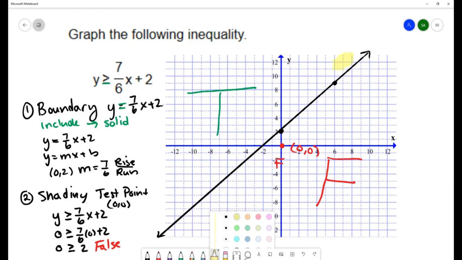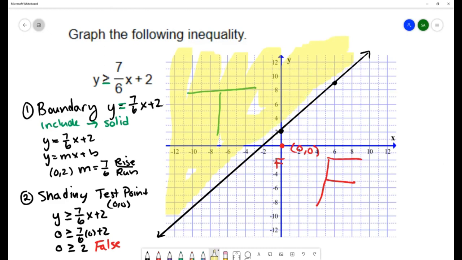We're going to shade, for this one, the upper part of that region. So now we have a picture which represents the solution set. From this picture, we can tell that every ordered pair in this region will make this inequality true, and also every ordered pair on this boundary line will make this inequality true.